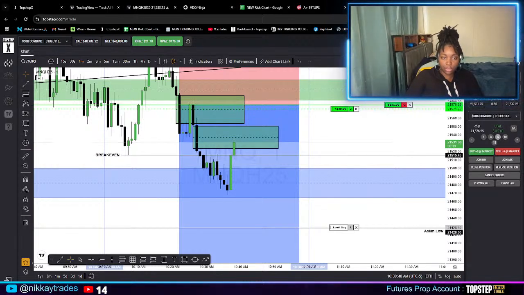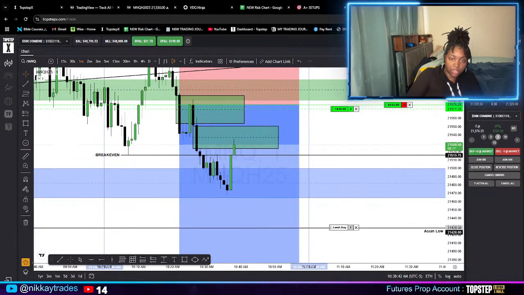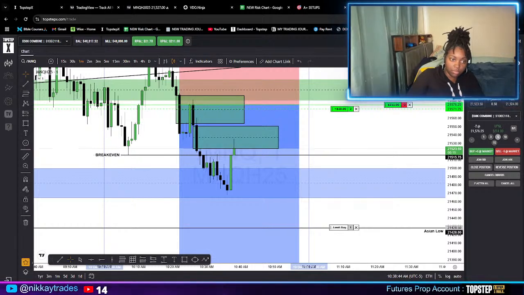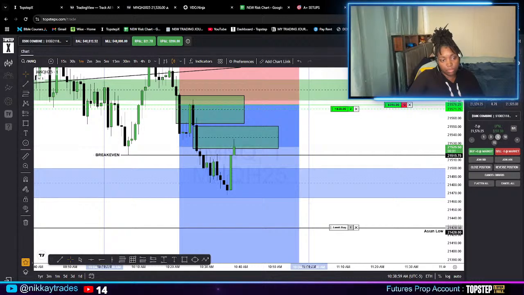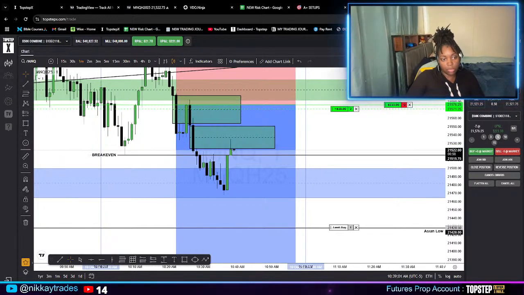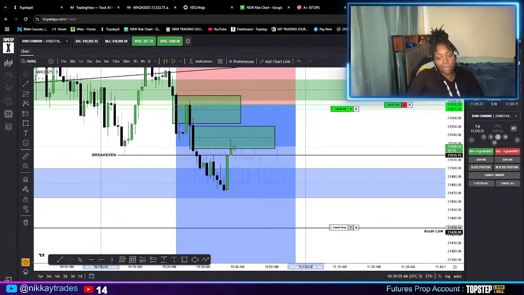It may not do it right away, but eventually it's gonna go up and fill them gaps in. That's with any pair. I tried it with Ethereum, Bitcoin, and Forex pairs. When I was first learning, I wanted to see if this works on them. It works, because price has to fill in those gaps. But it's always about the timing.